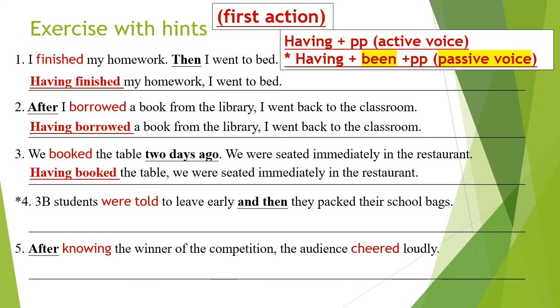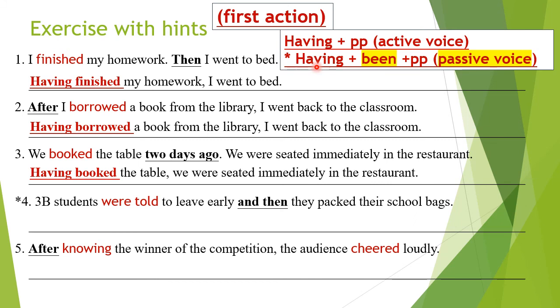What about this one? Pay attention. 3B students were told. Obviously, you can see that this is the passive voice, right? Be plus PP is the passive voice. So we need to use this structure. Students were told to leave early, and then they packed their school bags. This is the first action, and we know it is passive voice, so we need to use the second structure.